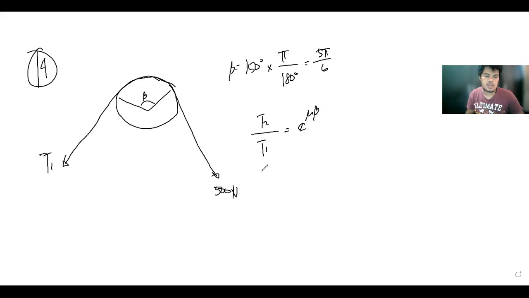So this is a direct substitution problem. T1 is equivalent to T2, which is 500 Newton, divided by e raised to 0.3 multiplied by 5 pi over 6.